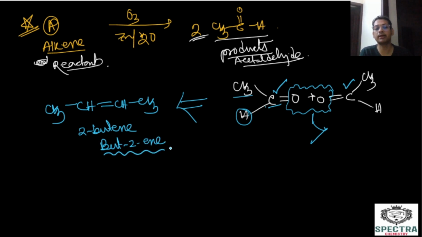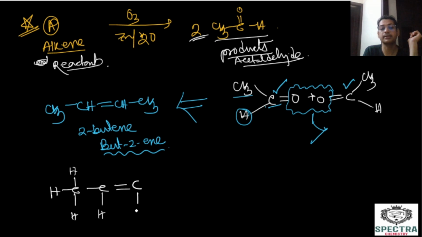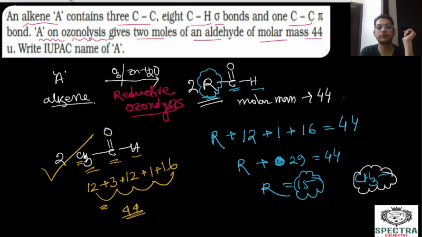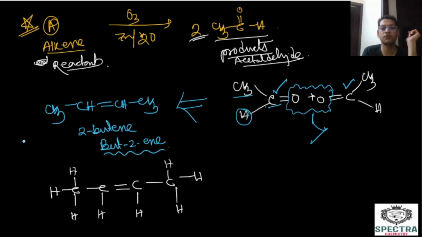Now if you want to check whether you have done this correctly or not, you write the molecule like this. Sir, why are you writing this in an elaborated way? Because you see, so much information is given to you, right? That it should contain this many bonds and that many bonds. It was given 3 C single bond C. C and C are single bond, C and C are single bond, and C and C are single bond.